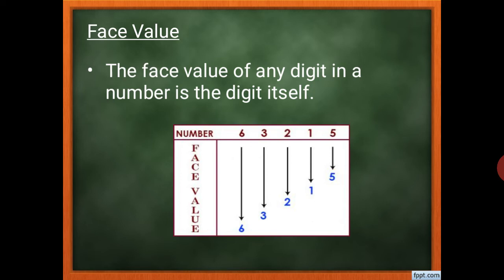If we are talking about face value, face value means how each digit looks. So 5 looks like 5 only, 1 looks like 1 only, 2 looks like 2 only, 3 looks like 3 only, and 6 looks like 6 only. So if you're talking about face value, the face value of any digit is fixed, meaning the digit itself, irrespective of the place where that digit is.